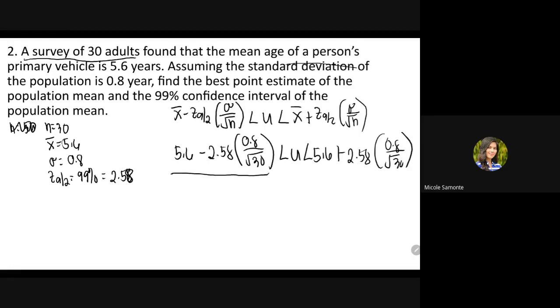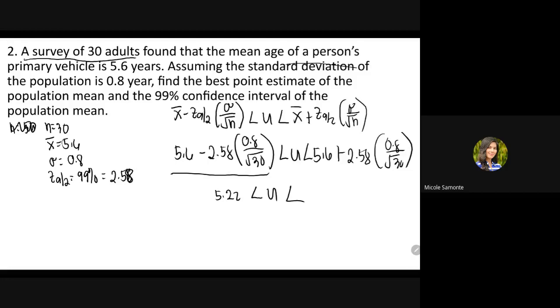Ito muna, pasolve nga muna niyan. Anong sagot? 5.6 minus 2.58 times 0.8 over the square root of 30. Anong lalabas na sagot? From Annabelle Rivera, it's 5.22. That is correct, Annabelle. It's 5.22 less than mu. So ano yung nasa right side?